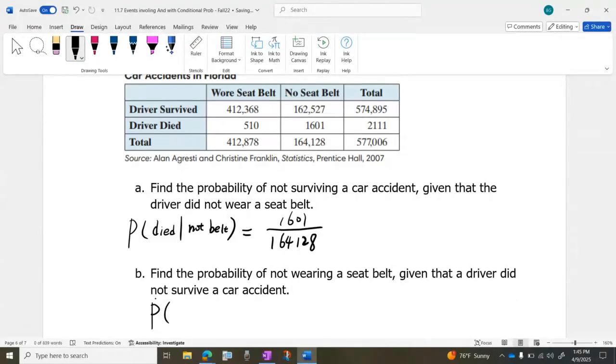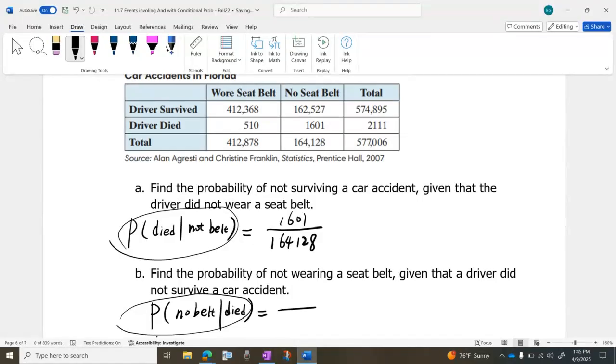So we are looking for the probability of no seatbelt given the person died. We want to know among the people who already died, how many of them didn't have a seatbelt? The two probabilities give you different meanings, right? Helping you interpret the different situations is pretty important.